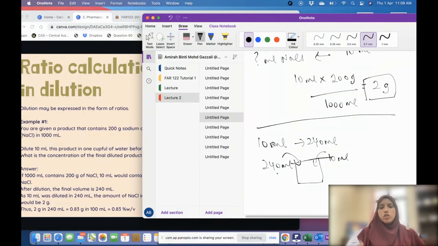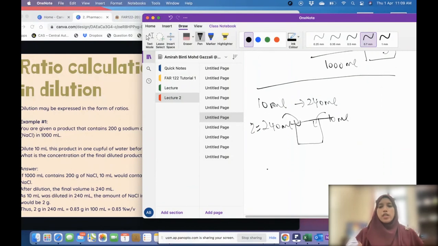So the final volume would be 240 ml, because the instruction is for the patient to dilute in 1 cupful of water. Okay, it's not 250 ml because the question says dilute in 1 cupful, not dilute with 1 cupful.